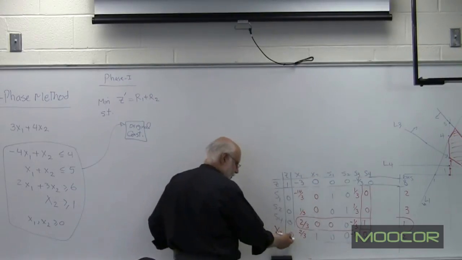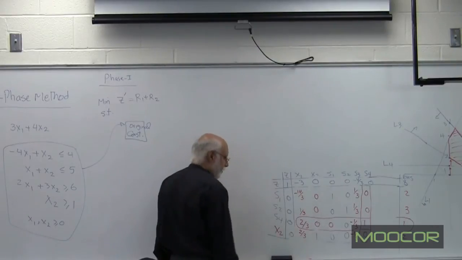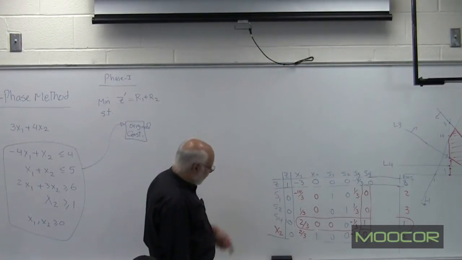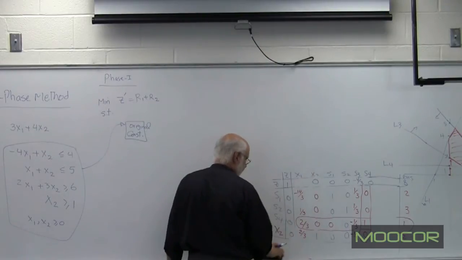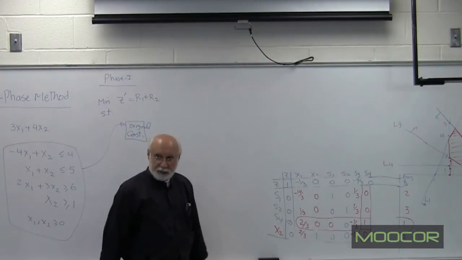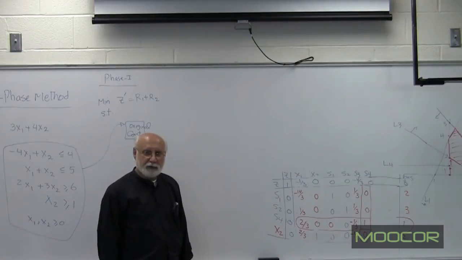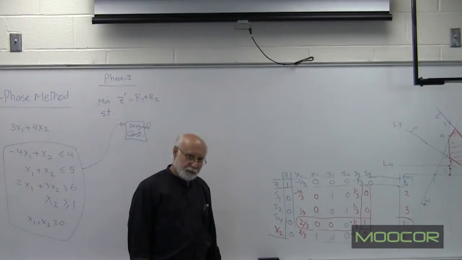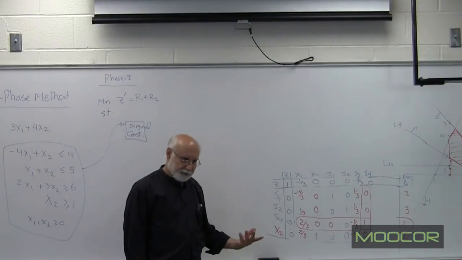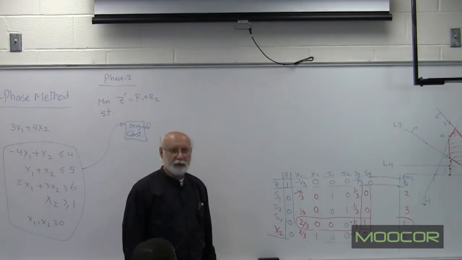By 4, I would get 8/3 minus 9/3. That would be minus 1/3. Because this is the regular simplex now. And you all know how to do regular simplex, don't we? We all know that.